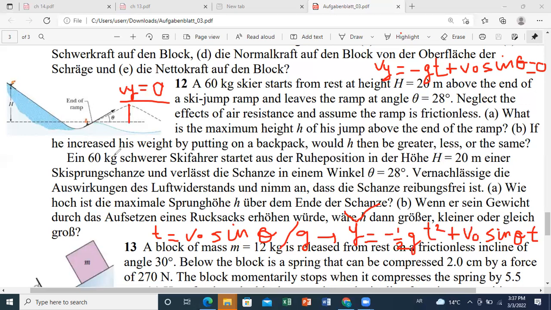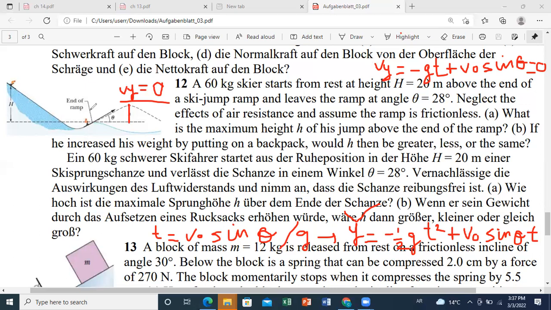Now, if he increased his weight by putting on a backpack, would h be greater, less, or the same? You know that from projectile motion, the mass will cancel out. The mass will not affect the value of your velocity.